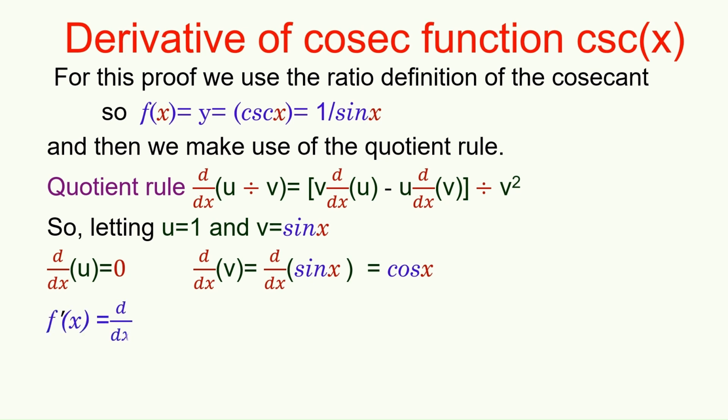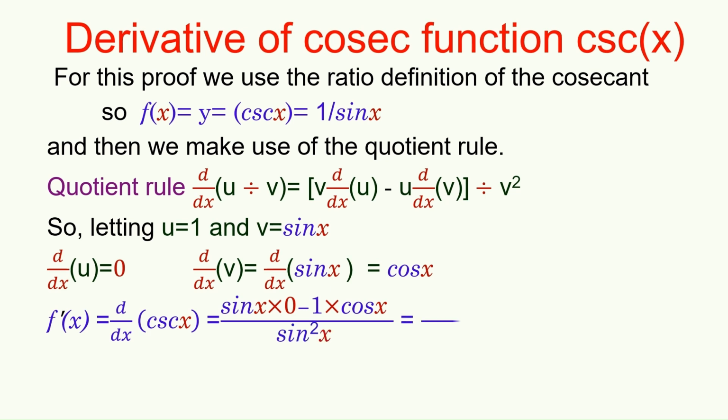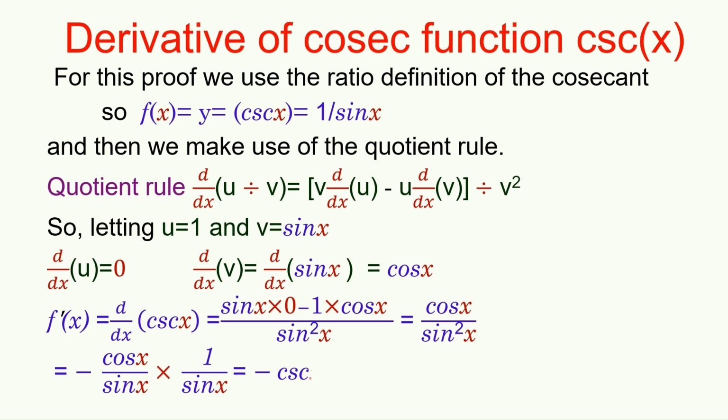So we have f'(x) equals d/dx cosec of x equals sine of x times 0 minus 1 times cosine of x, divided by sine squared x, equals minus cosine of x divided by sine squared x, equals minus cosine of x divided by sine x times 1 divided by sine of x, equals minus cosec of x times cotangent of x. Therefore d/dx cosec of x equals minus cosec of x times cotangent of x.